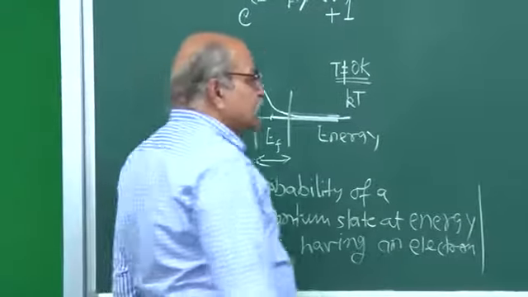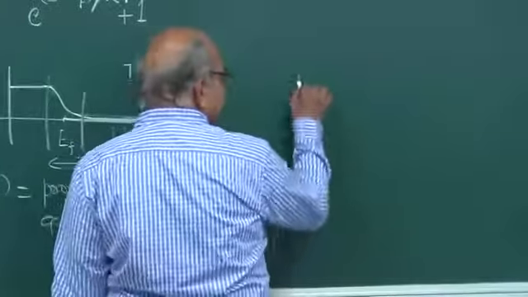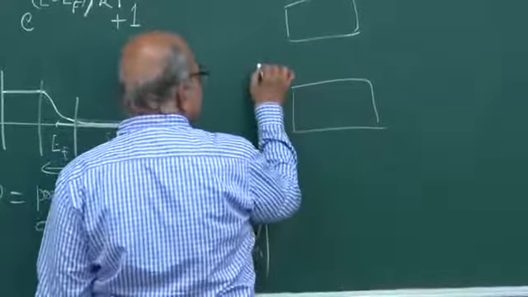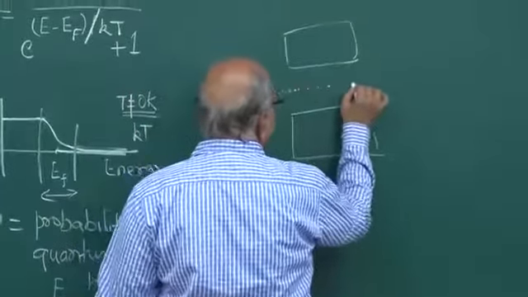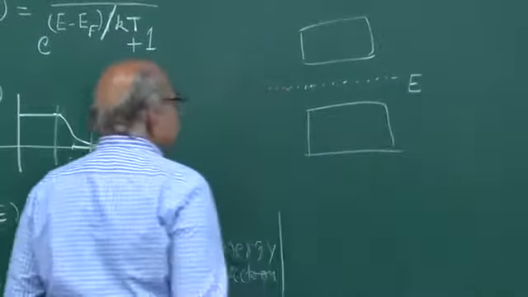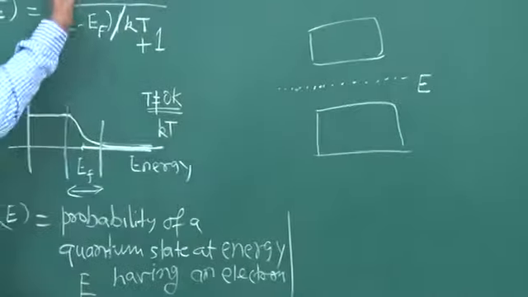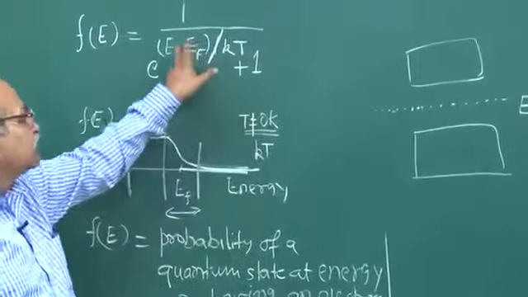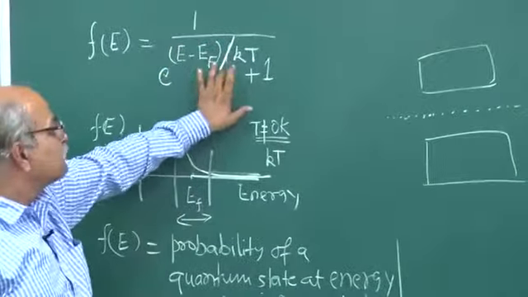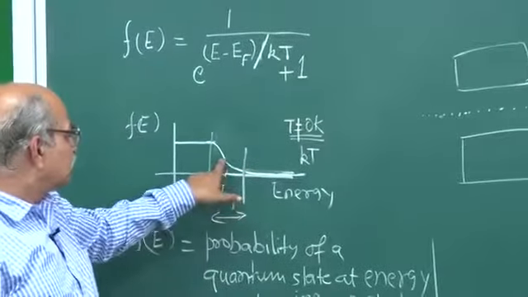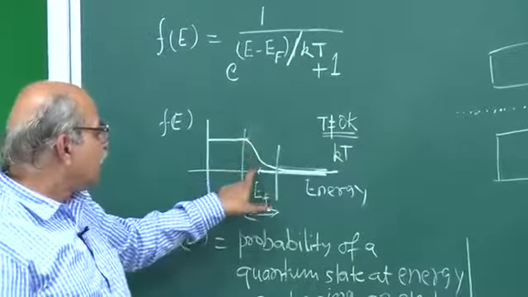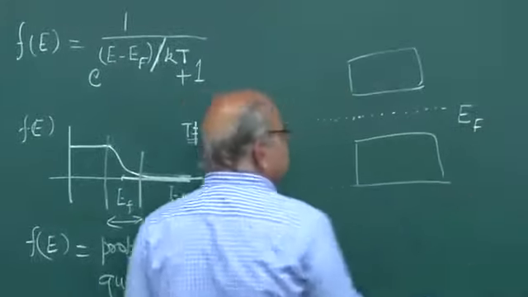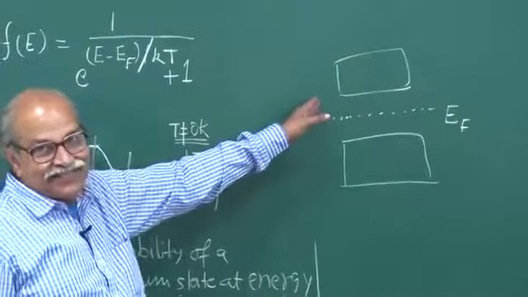So if you have this semiconductor, with the valence band here and the conduction band here, for intrinsic semiconductors this EF turns out to be somewhere here in the middle. From this function, at E equal to EF, the exponent is 0 at a finite temperature, so the denominator will be 1 plus 1, and the whole thing will be 1 by 2. So the probability falls to half at EF. In this case, EF is somewhere in the gap, and there is no quantum state here.